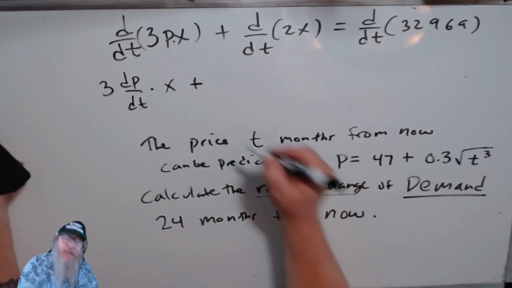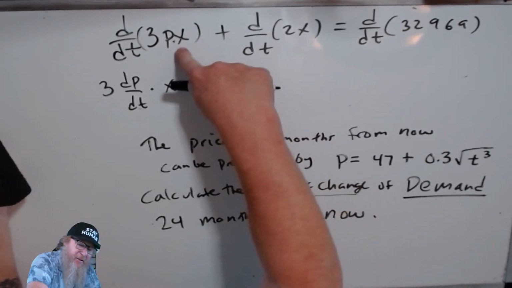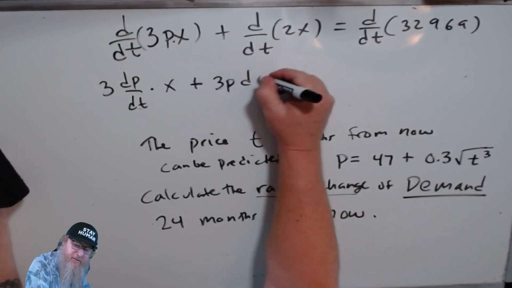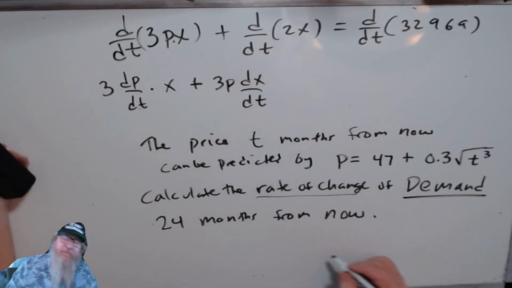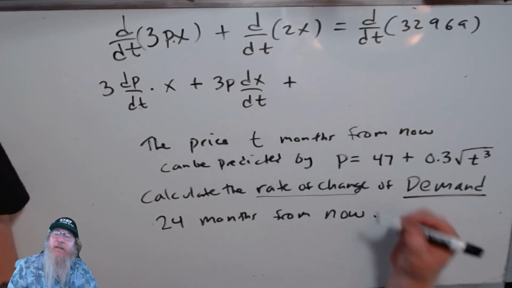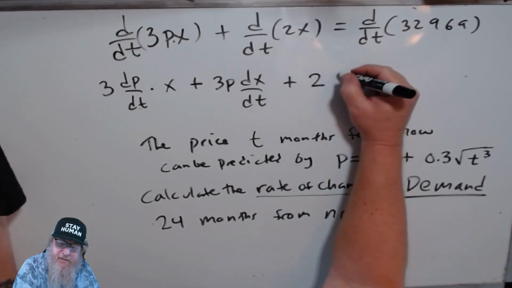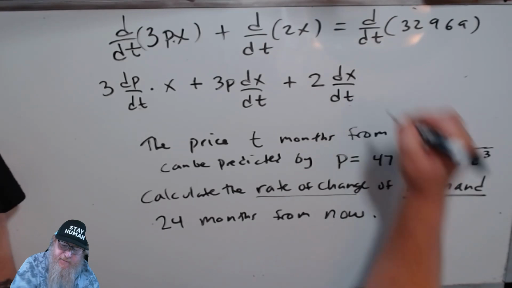plus 3p times the derivative of x, dx dt, plus 2 times the derivative of x, dx dt.